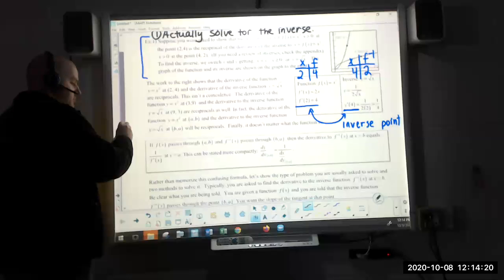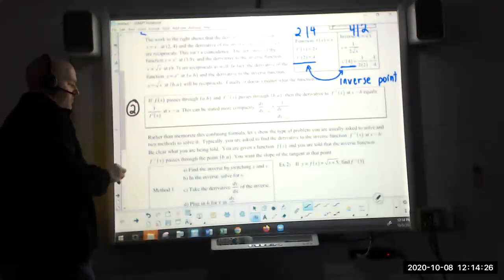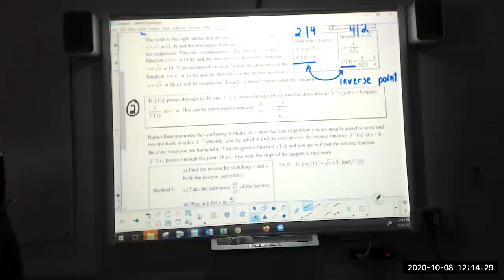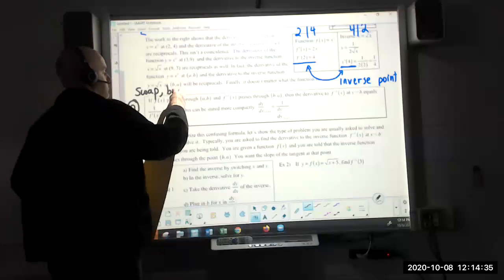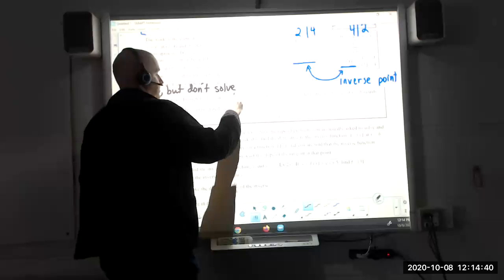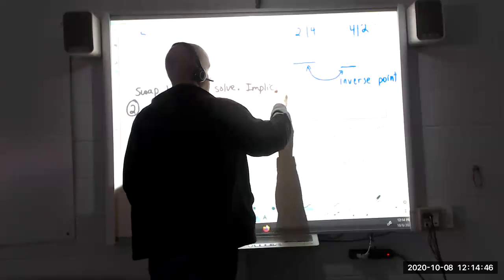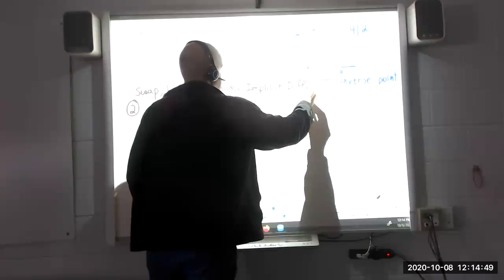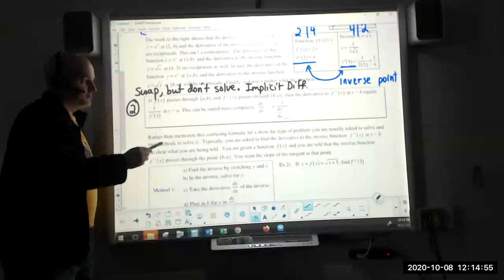But sometimes you can't actually solve. There's a second option you can pursue. The second option you can pursue is based on implicit differentiation. Okay, so if you look right here at this box, there's a really interesting formula I'd like to point out.